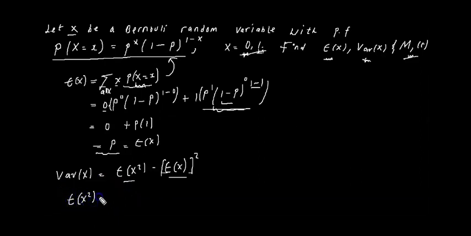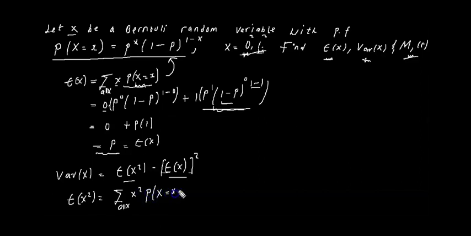But how do we compute this in this case? Well, what we need to do is just square the x values that we have. It's 0 squared, and 1 squared. Let me write the formula here as well: summing up over x, x squared multiplied by the distribution.